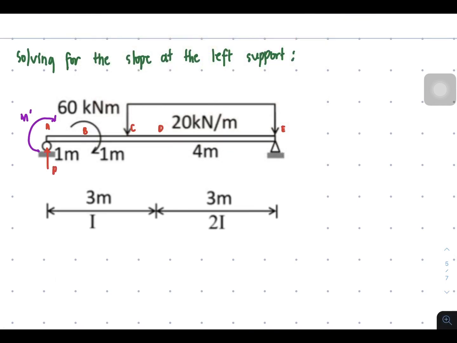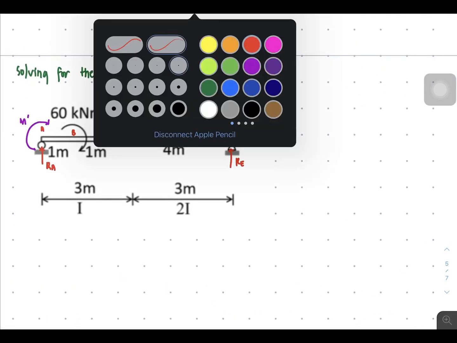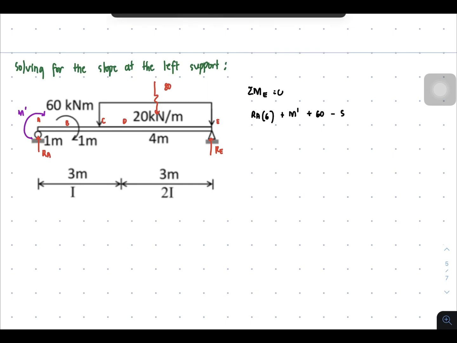In this case, we will be solving for the reaction RA and reaction RE together with this 80 kilonewton resultant. So we will be getting the summation of moment about point E equal to 0. You'll have RA times 6 plus M prime, and then plus 60, and then minus 80 times 2 equal to 0.